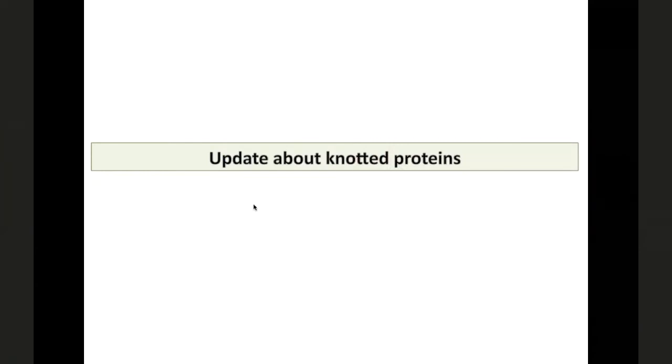So is it just that the electron density is not very well defined in the region of the knot in that particular case? Yes, because the loop is very flexible, and this was probably the reason why the backbone was not properly assigned. Okay, thank you.